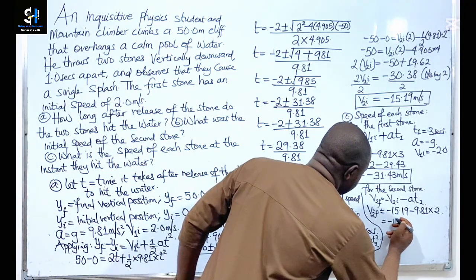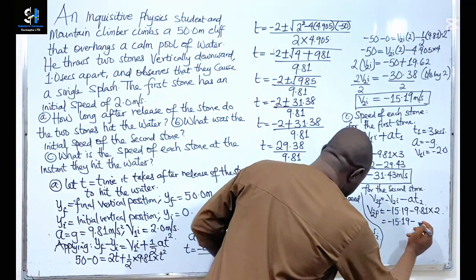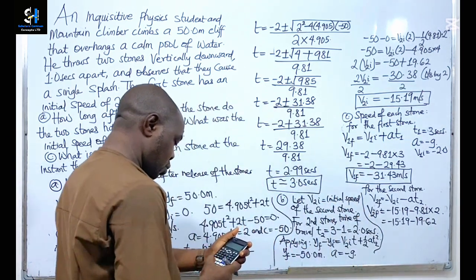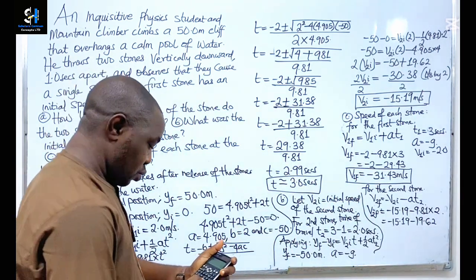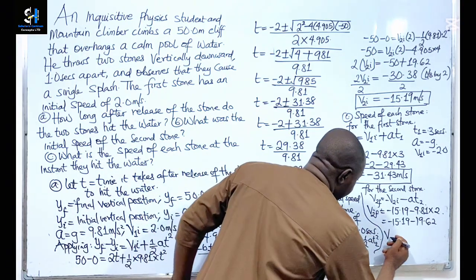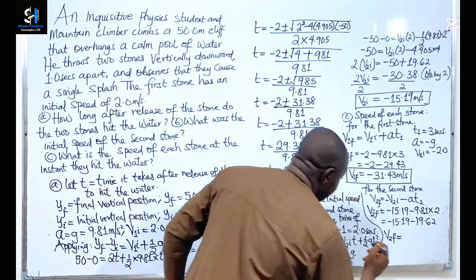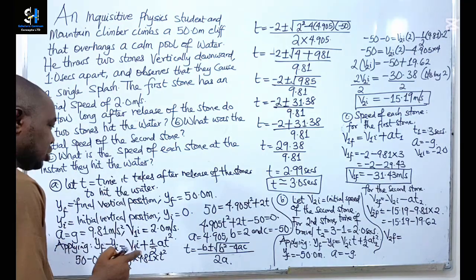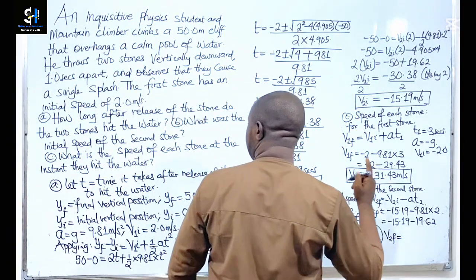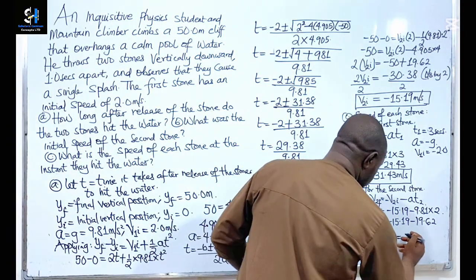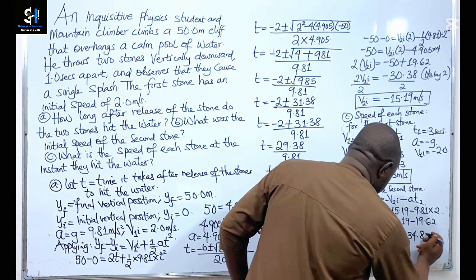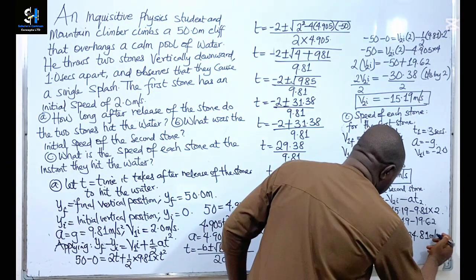So this is -15.19 minus 19.62, and we have the speed of the second stone at the instant it hits the water to be -34.81 meters per second.